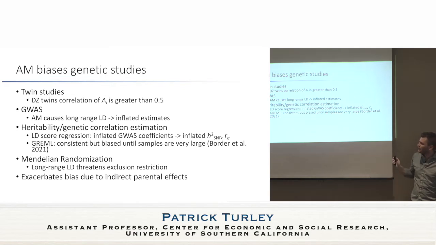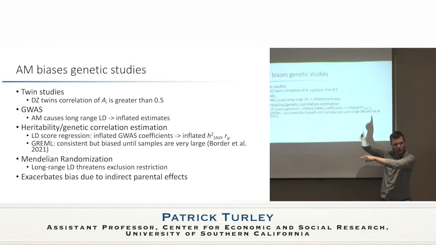If you try to estimate heritability with GREML, and you do it in an infinite sample, it turns out GREML will spit out what the heritability would be if the population were randomly mating. A bit funny. So even if your population is sorting a lot and you have an infinite sample, it's going to give you the random mating heritability. However, in a finite sample, it's going to be biased towards the random mating. Is that right? Isn't it always in between the two?